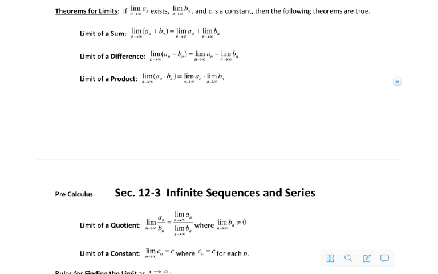A limit of a product, you can find the limit of each expression and then multiply those answers. The limit of a quotient, you can find the limit of the numerator, limit of the denominator, and then divide them as long as the limit of the denominator is not 0. And the limit of a constant is just that constant. Remember, a constant is something that doesn't have a variable, so there would be nothing to plug in for.